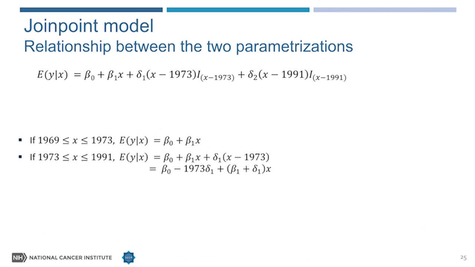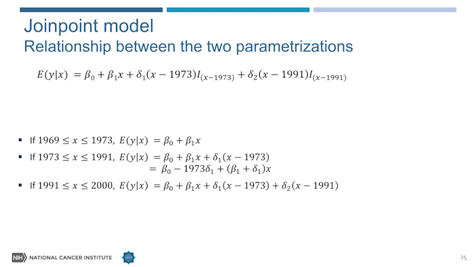Therefore, the model becomes beta 0 plus beta 1 x plus delta 1 times x minus 1973, which can be rearranged to beta 0 minus 1973 delta 1 plus beta 1 plus delta 1 times x.